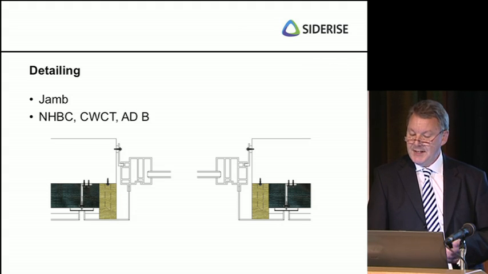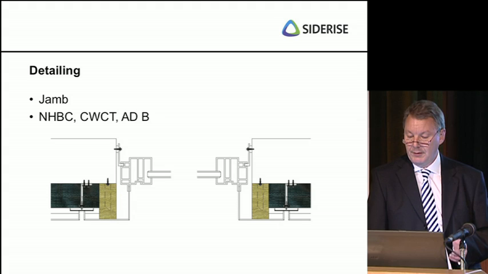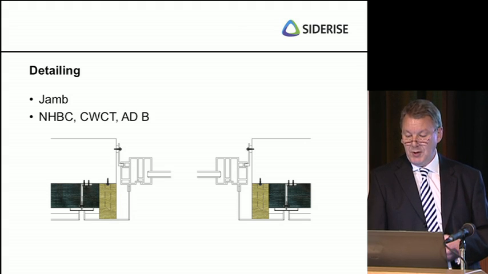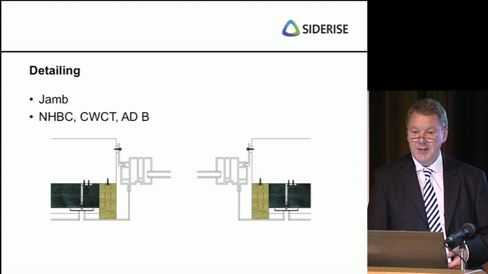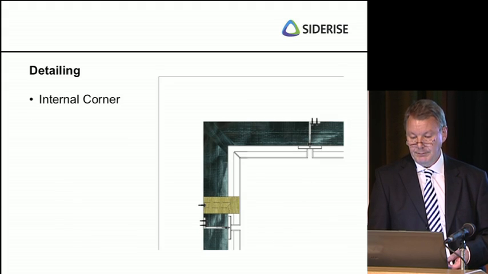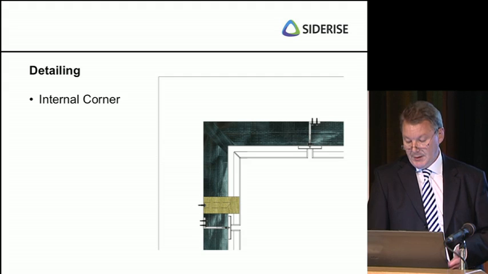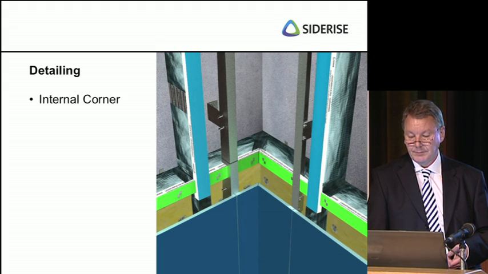At jambs, the detail here requires a full width vertical barrier. This time, hopefully, you can see the relationship with the horizontal barrier and the residual air gap. At internal corners, the barriers are simply mitre joint and foil taped.